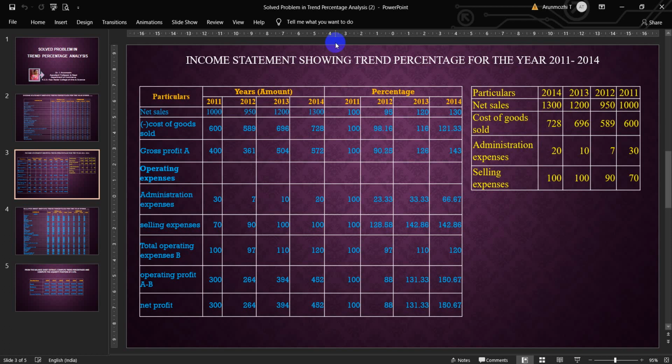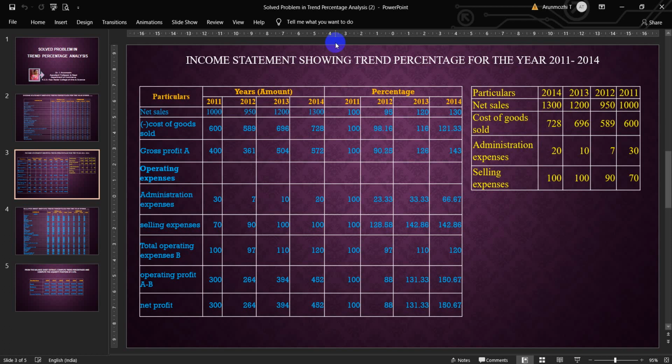Then 504 minus 110, you get 394. 572 minus 450 minus 120, you get 452. 100 minus 100, so 2011, that is okay.